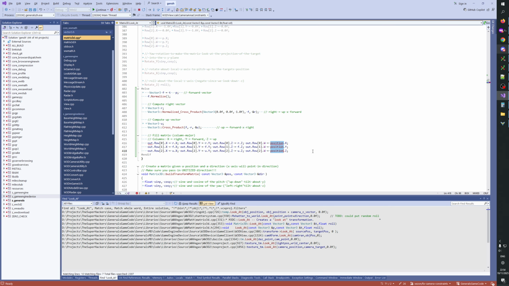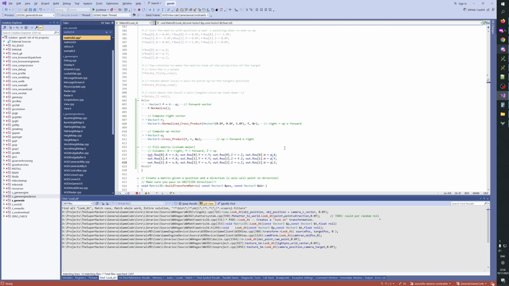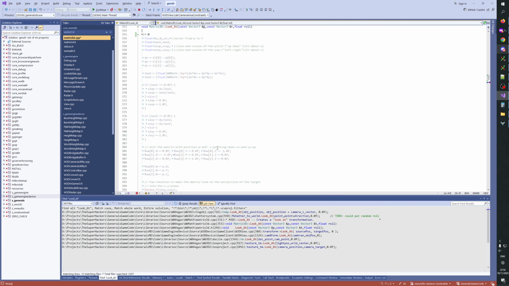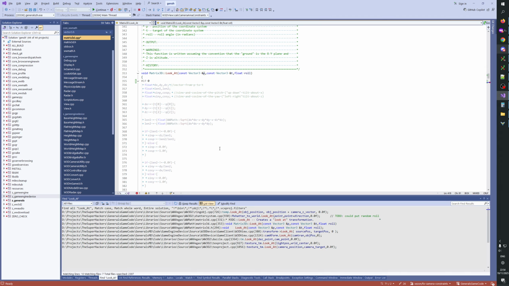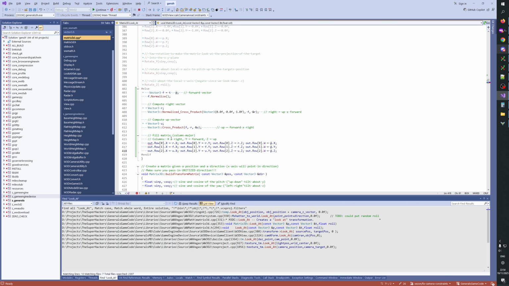Okay, then here we have position P and out. What is this out? Fill matrix. Row.